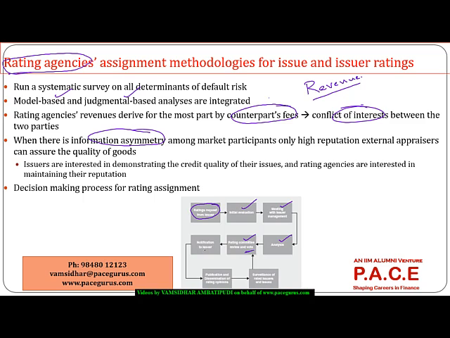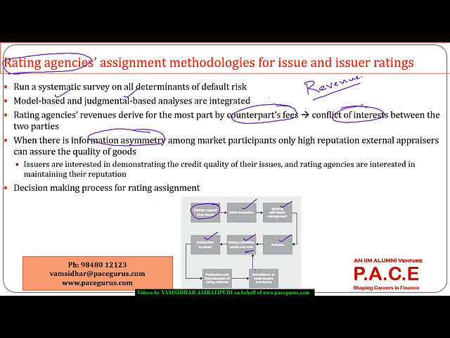And once the entire rating process is done, the issuer is given a notification regarding the credit rating that the issuer would be getting from this rating agency. Then if the issuer is fine with it, there is a publication and the dissemination of the rating opinion. So the issuer is conveyed the rating that is being given by the agency, and there is monitoring and surveillance of the rated issuers and the issues.